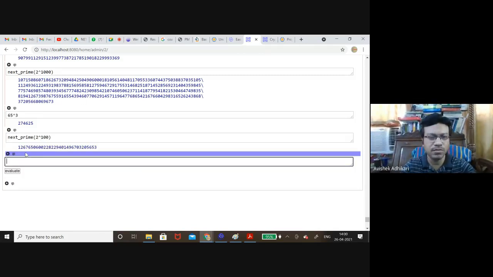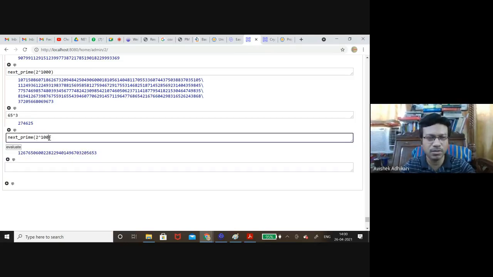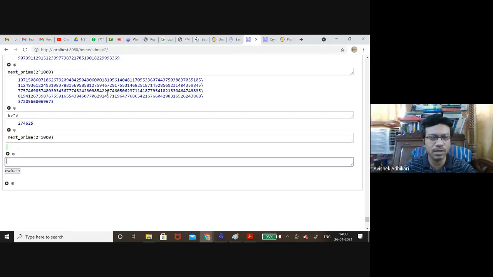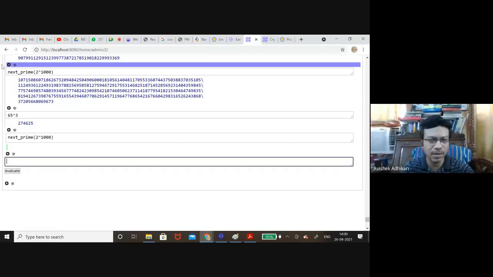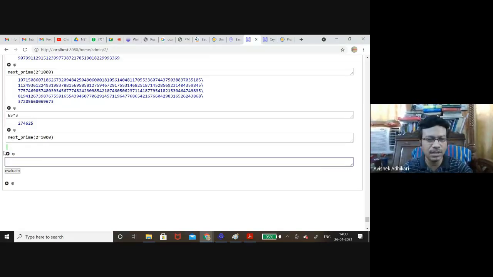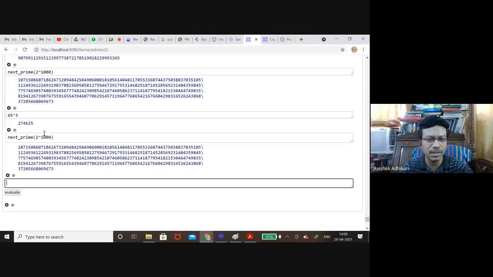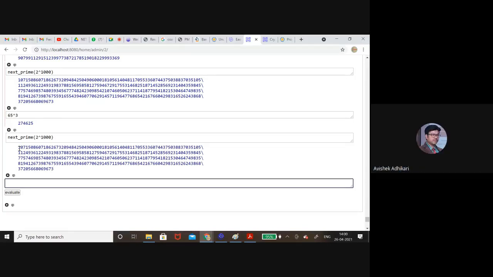And it gives you this answer readily. So this is the next prime of 2 to the power 100. You may think 2 to the power 100 is too small, so why not 2 to the power 1000? You can understand that it will take some time. When it is calculating, it shows a green color, and then it gives you the answer, which will contain around 300 digits.